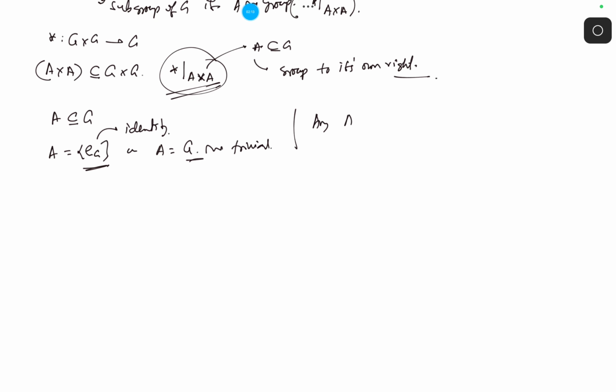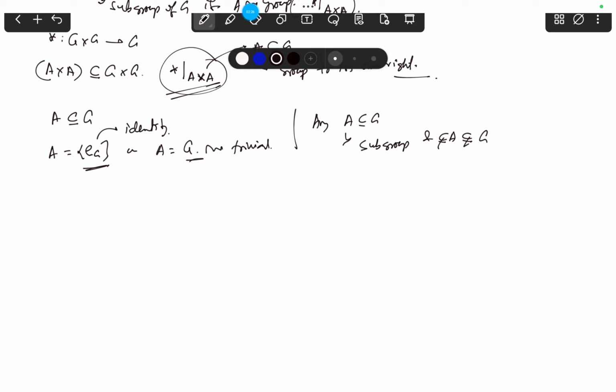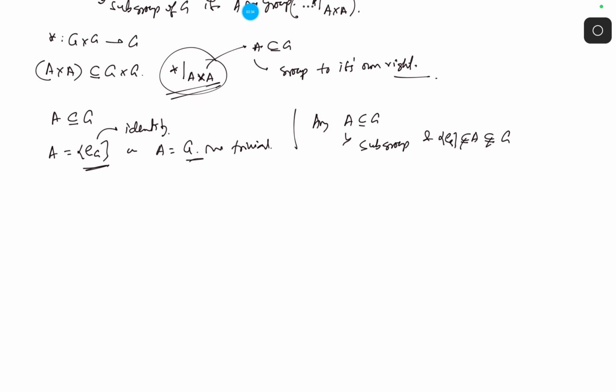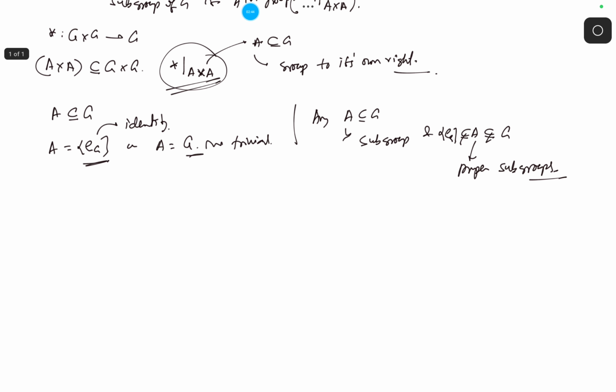Any subgroup A of G that is neither the identity nor the full group is said to be a proper subgroup. Remember that the identity element of A is nothing but the identity element of G.